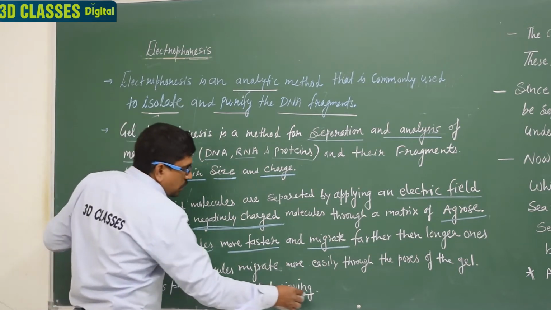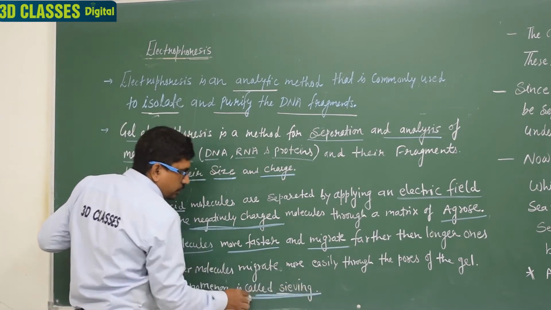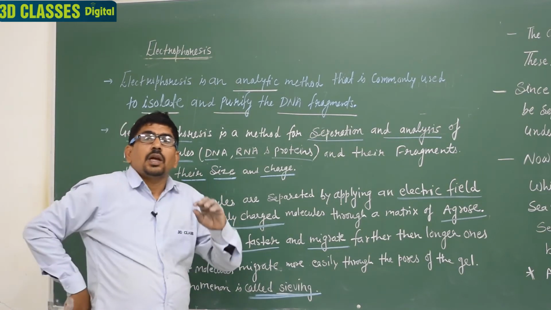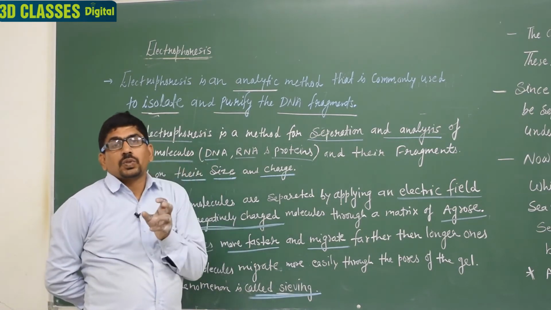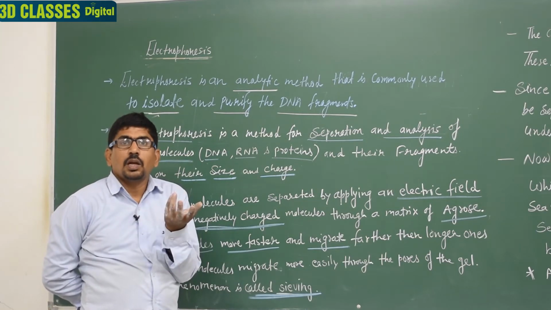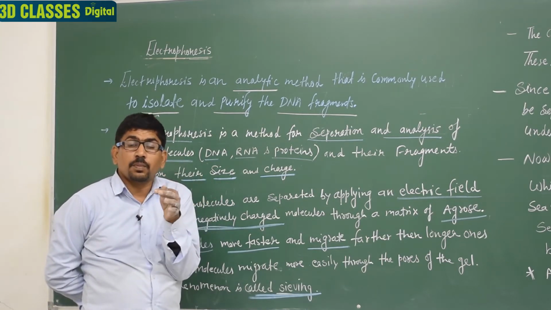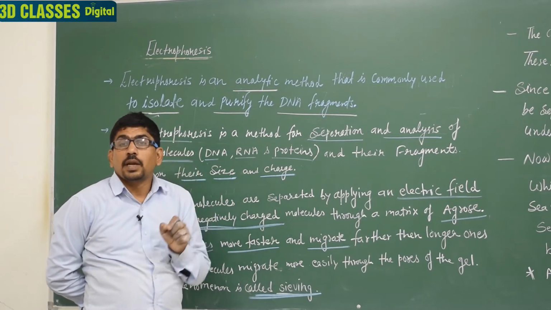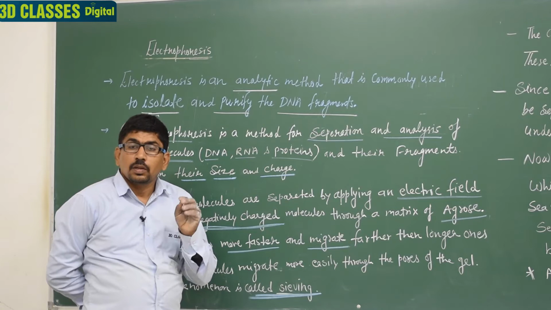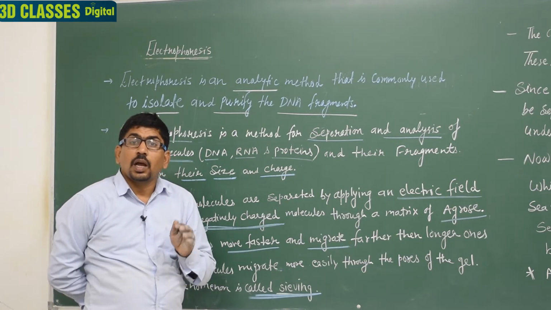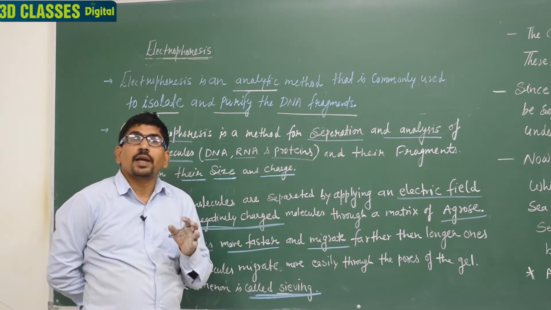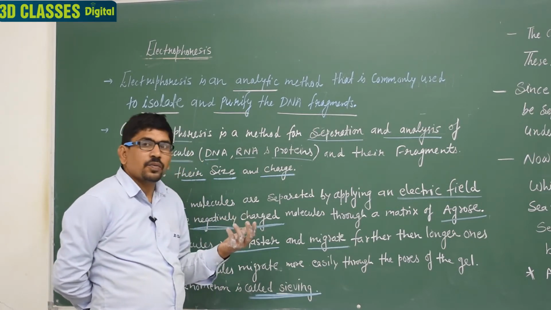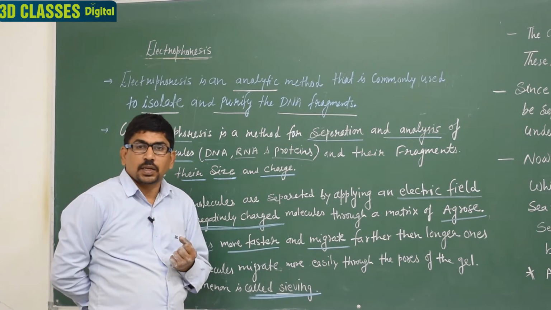This phenomenon is sieving. Agarose is a powder, and when we make the gel, pores are present. These pores work as a sieve, and this effect is known as the sieving effect.